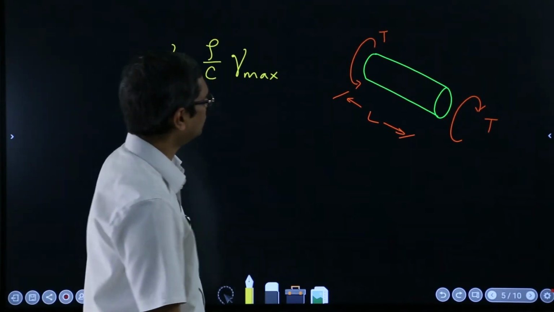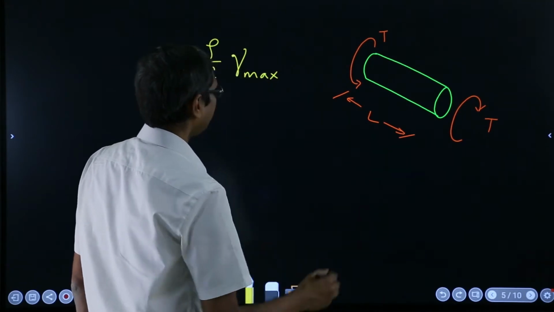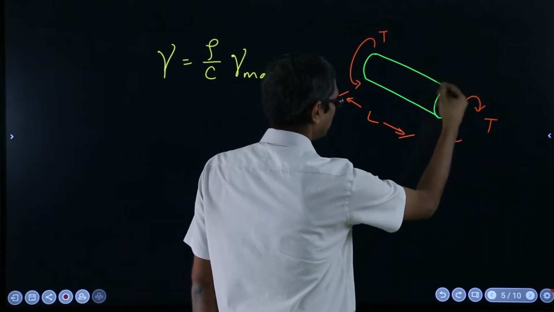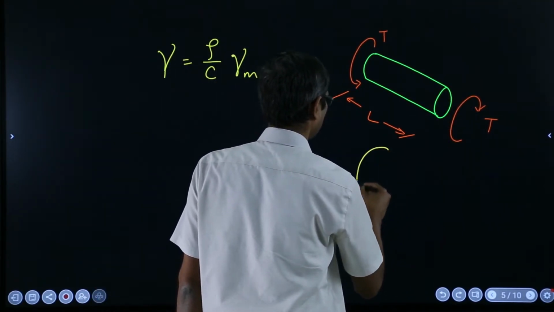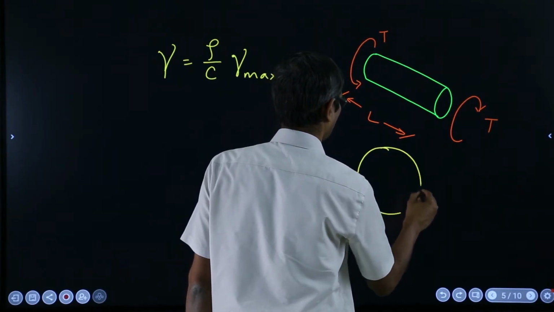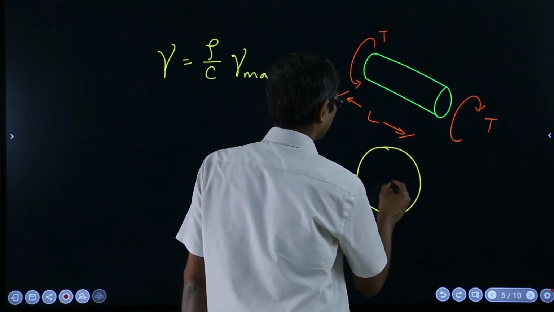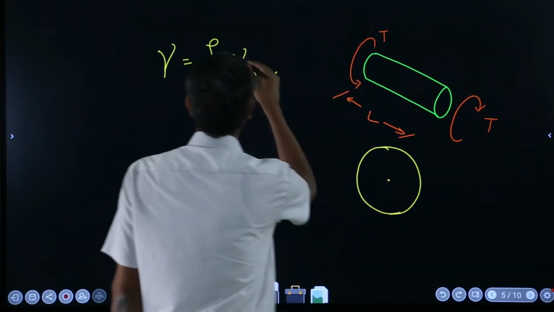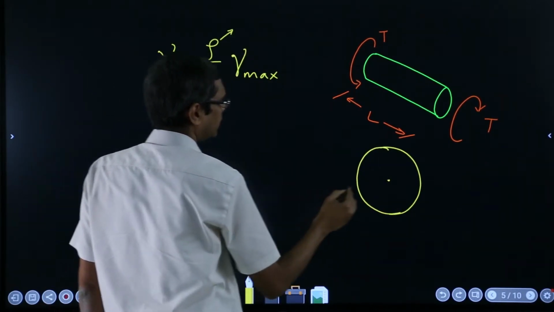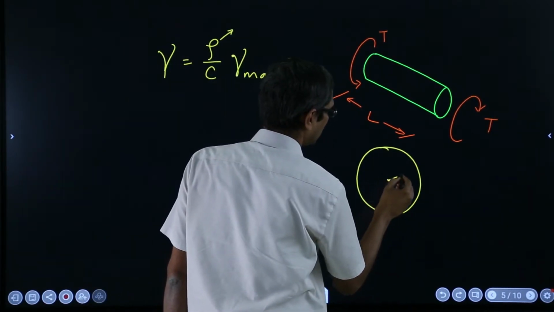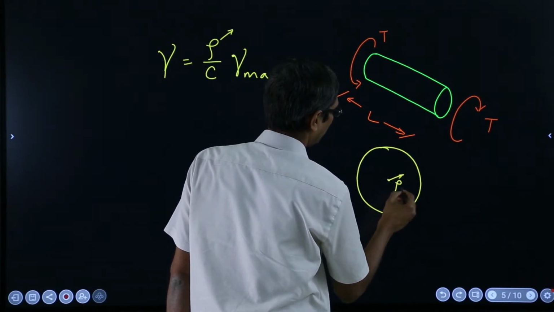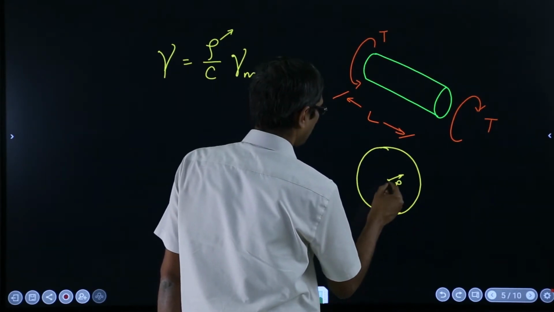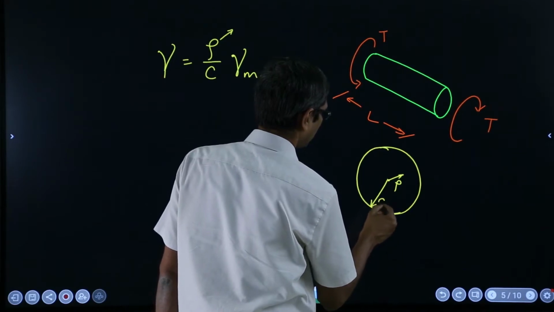So, what it means is if I draw this circle, and this rho is the radius from the center, and C is the maximum radius, right.